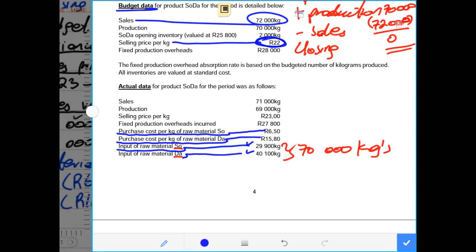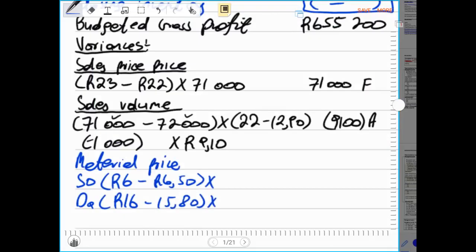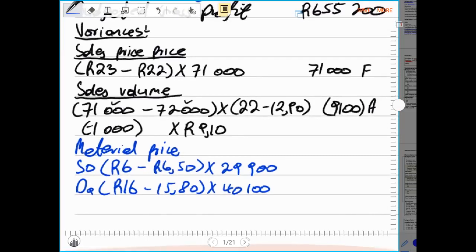So now we have to multiply that to get to our variance. This is the actual material that we have purchased.